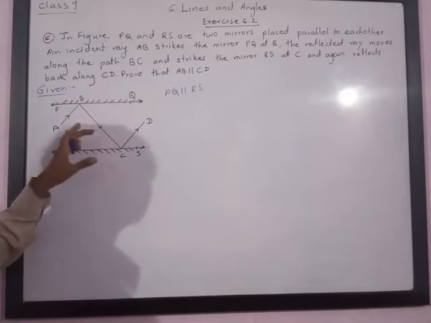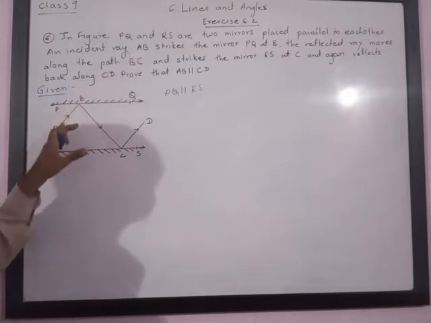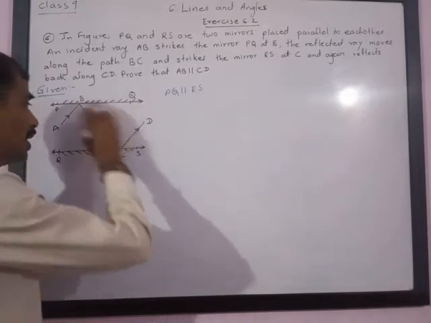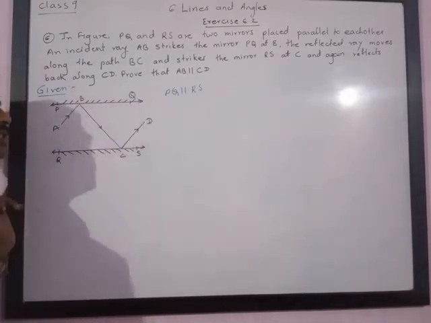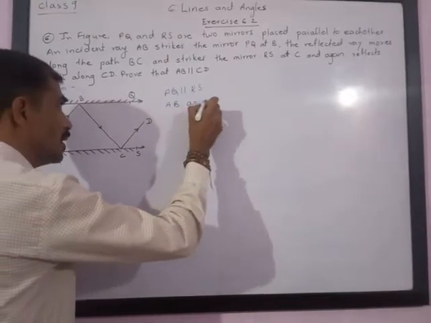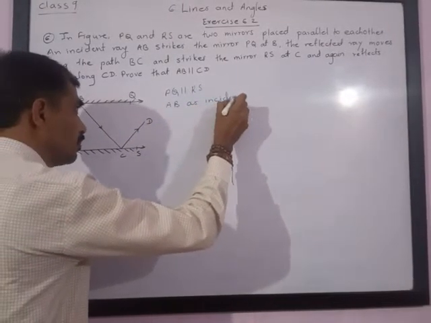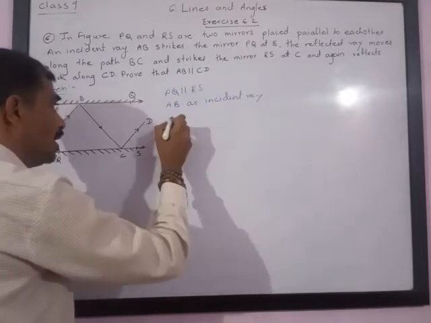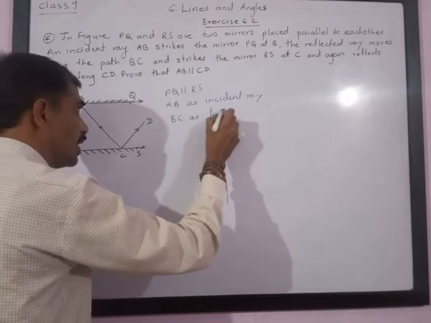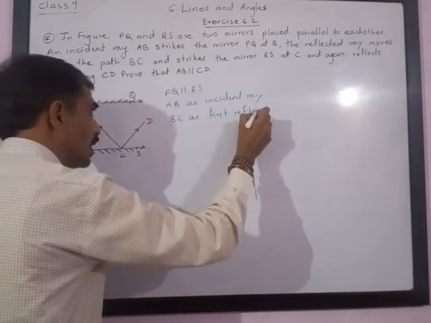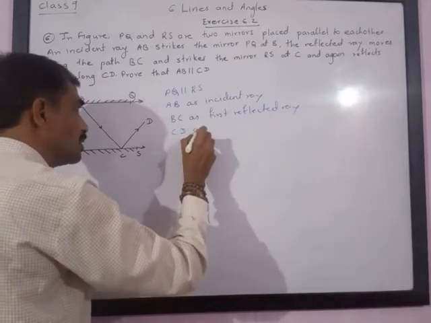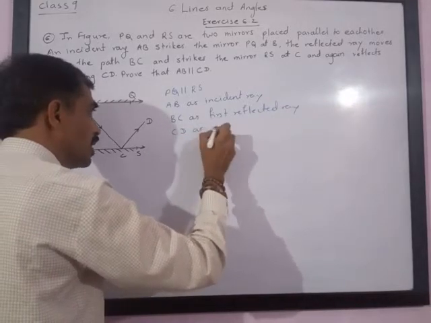We are asked to prove. AB is the incident ray, BC is the first reflected ray and CD is the second reflected ray.